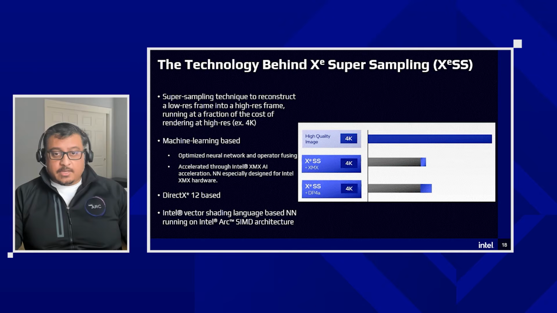As you can see, the time it takes to get the full frame is much lower compared to native rendering. Here I'm showing two kinds of hardware. XMX, which I talked about, is the middle bar, and then there are devices that don't have XMX but have DP4A capability, and we will internally and transparently map those to DP4A based instructions.